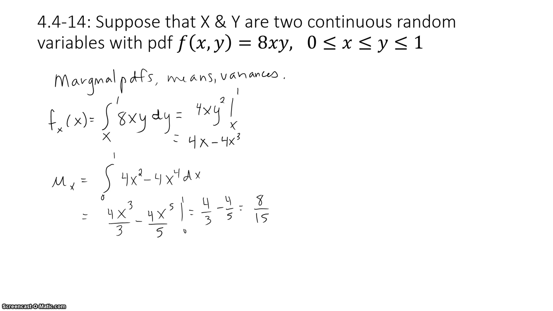And I can use that to find my mean of x. I'm going to integrate over all the possible values of x, which go from 0 to 1, x times that f sub x. So that ends up being integrating 4x squared minus 4x to the 4th dx from 0 to 1 gives me the mean of x is equal to 8/15.